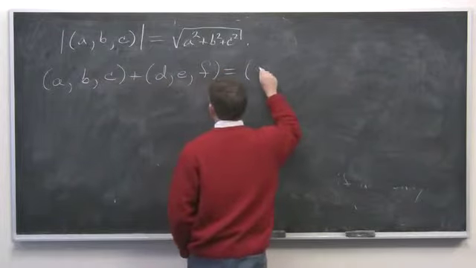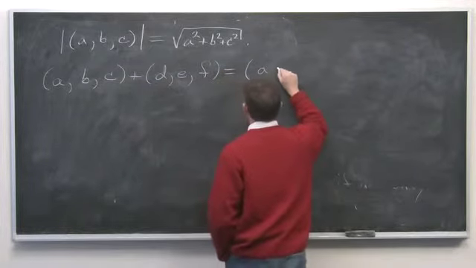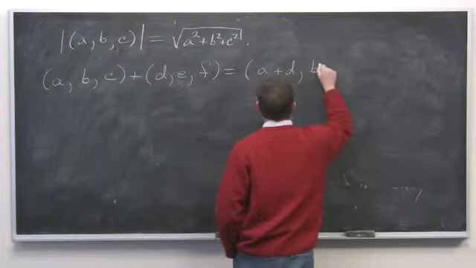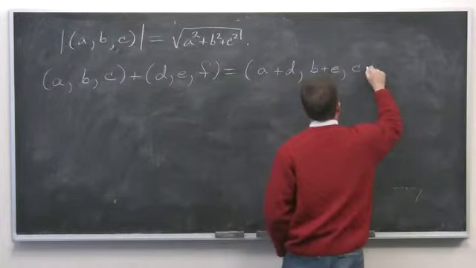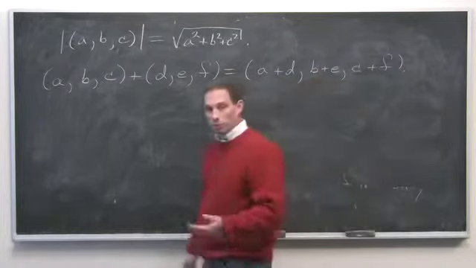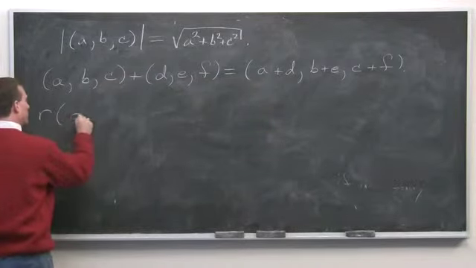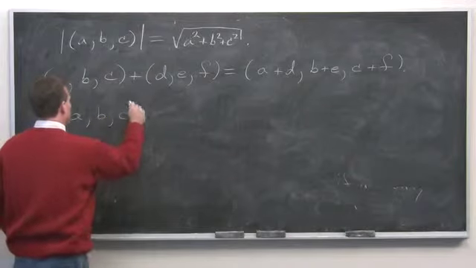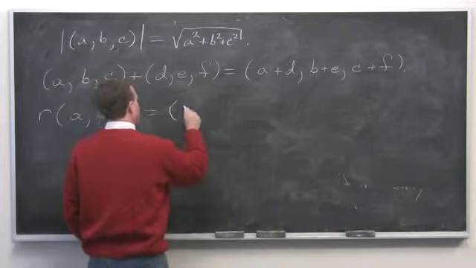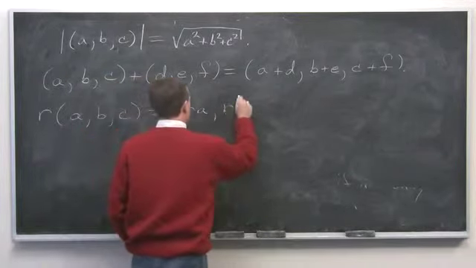You just add the corresponding components. Scalar multiplication is defined how you would expect. A scalar r, so a real number r times ABC. You just multiply each component by r.